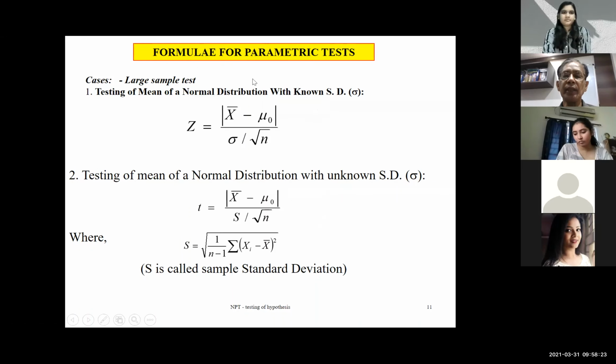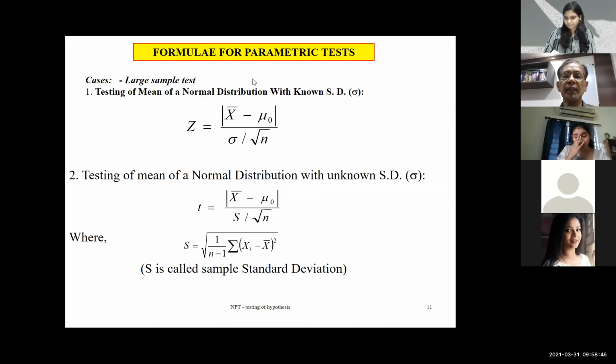So anything you are using from the population is called a parameter. All of you write it down. Parameter means population information. If you are in need of using any population information, that is called a parameter. Thus these are called parametric tests.